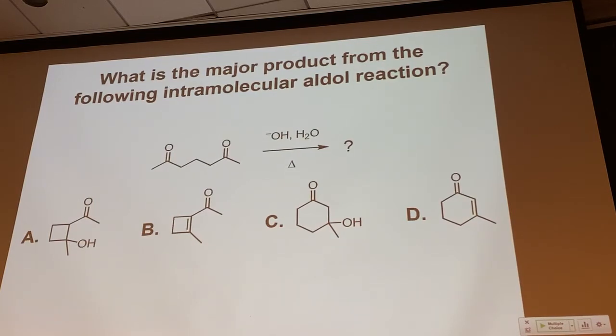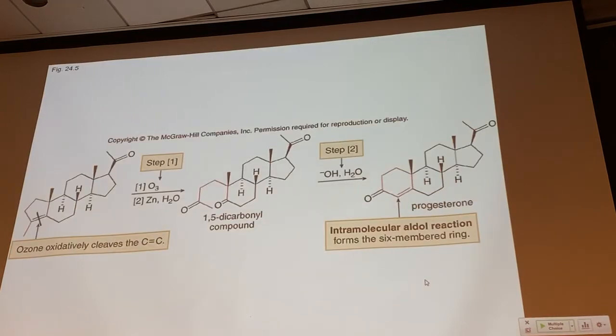Another interesting example the book gives you of an intramolecular aldol is in the synthesis of progesterone. Progesterone is one of those female steroid sex hormones. It's the one that suppresses ovulation that is emitted during pregnancy. And you see here that there's a 6-membered ring in the product, which is a candidate to be made by an intramolecular aldol reaction. And so we use this 1,5-dicarbonyl compound.